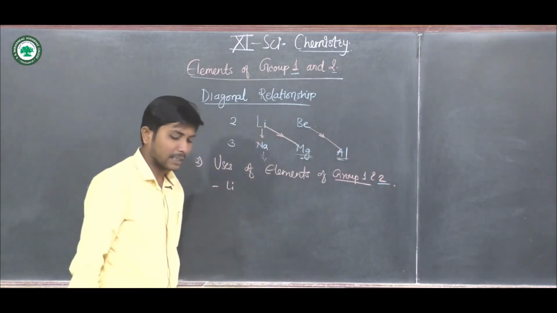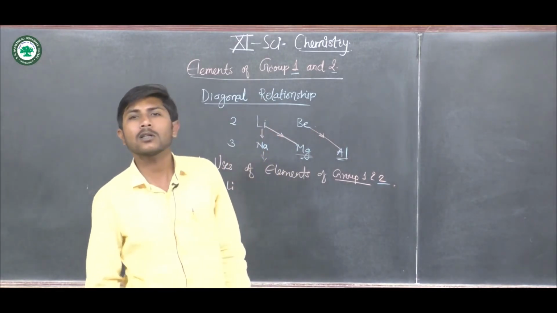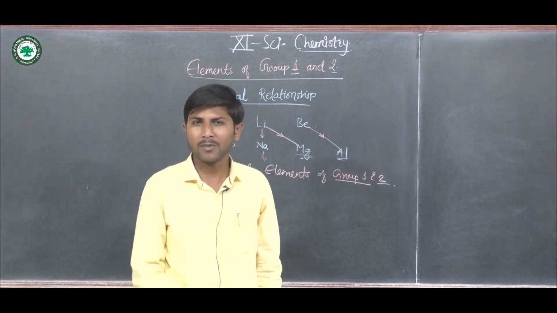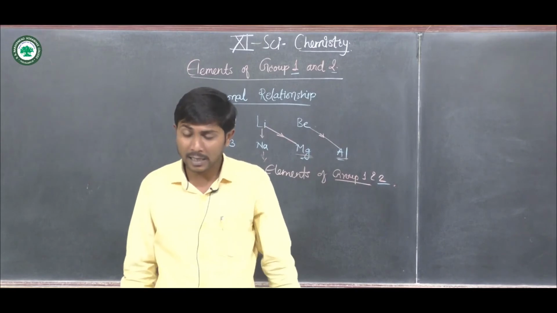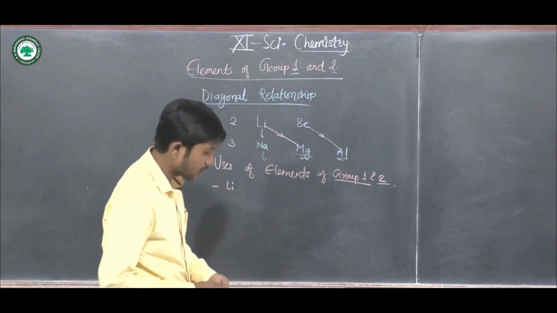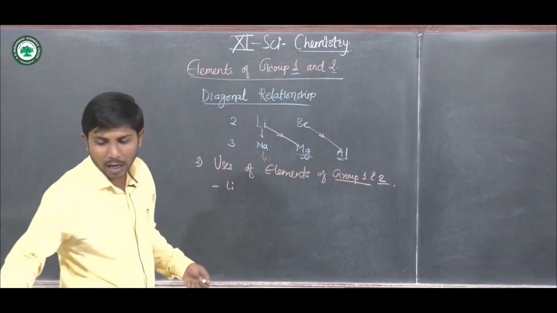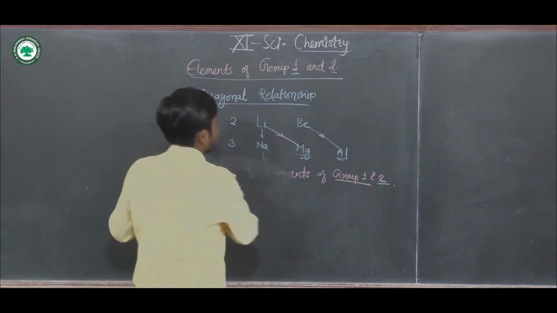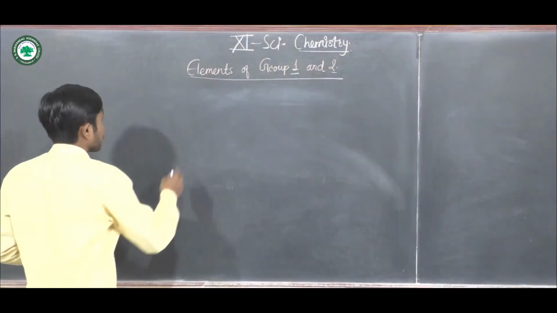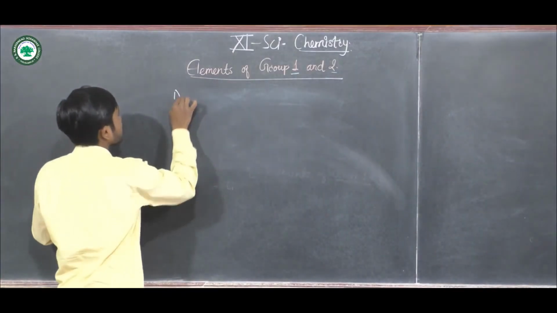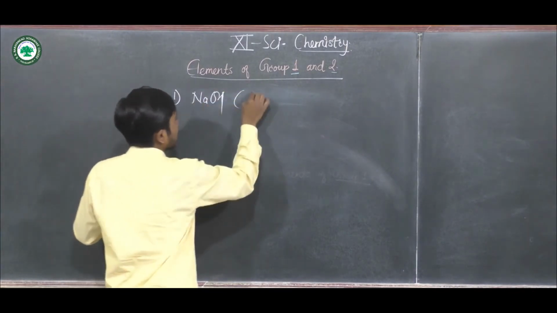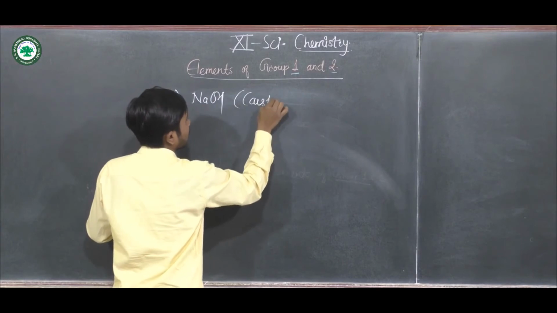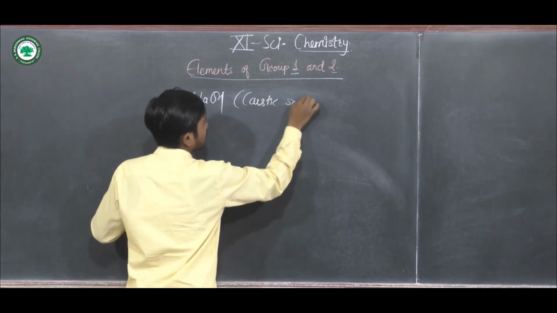Now we'll see two very important compounds that are formed from the elements of group first and second. The first of them is caustic soda, or sodium hydroxide, NaOH.